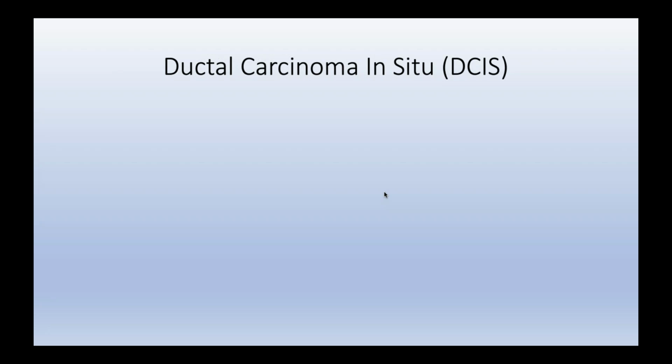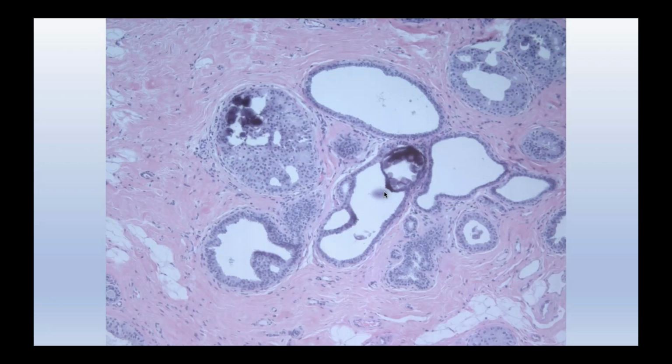So if we continue along the spectrum of hyperplasia, atypical hyperplasia, and now ductal carcinoma in situ, now the cells have crossed the threshold of just purely dividing.